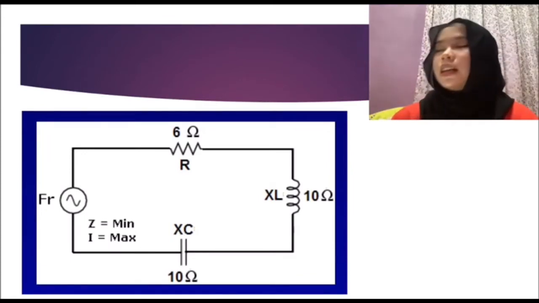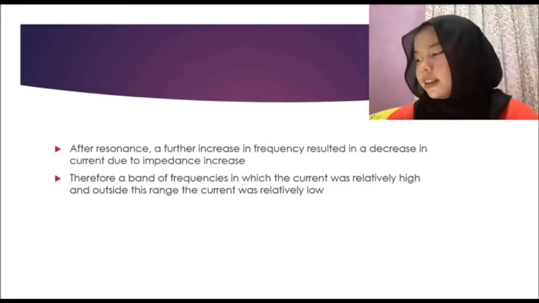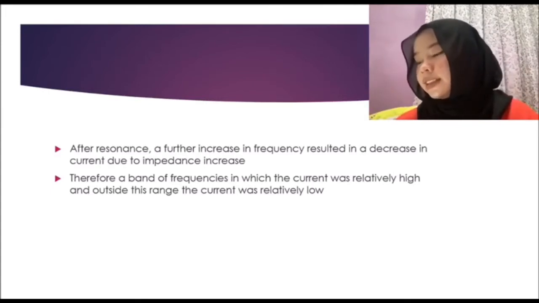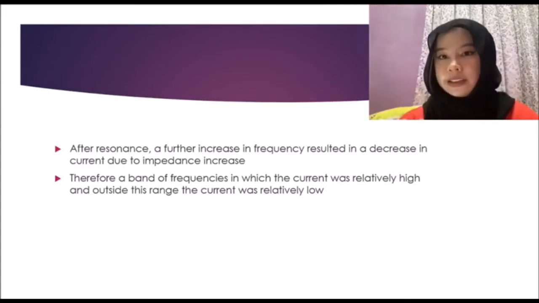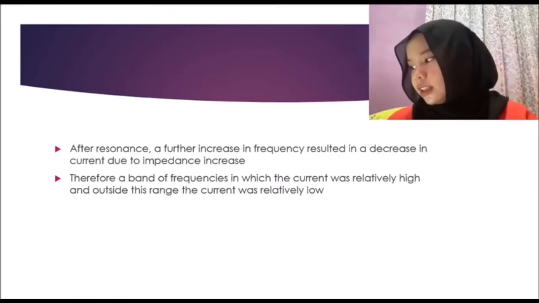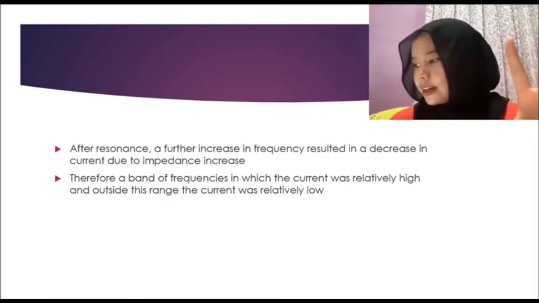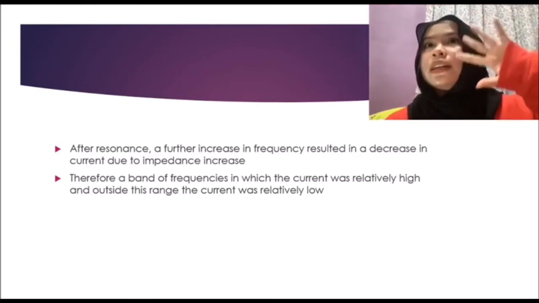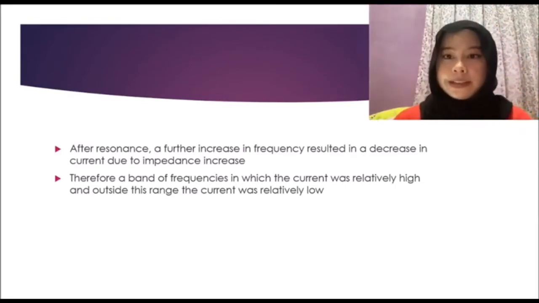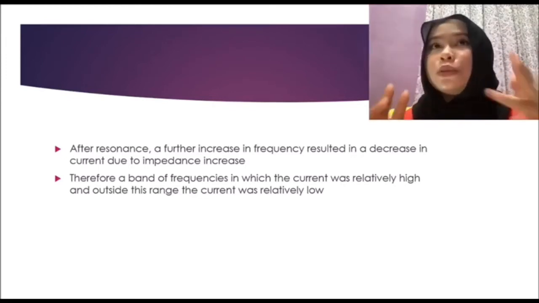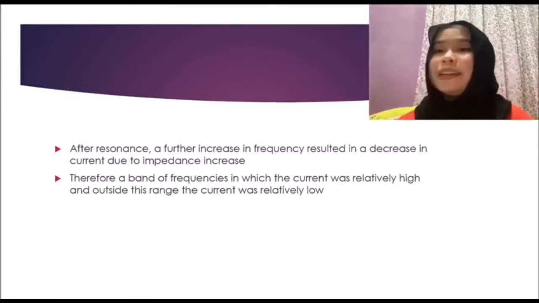After resonance, a further increase in frequency will result in a decrease in current due to an increase in impedance. When the frequency increases, the current will decrease and the impedance will increase.